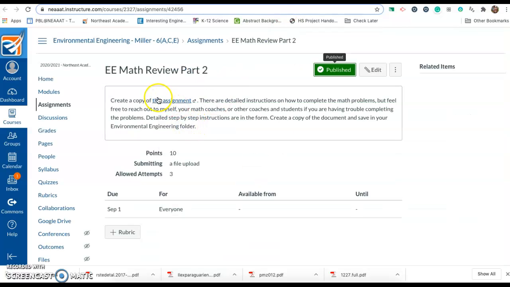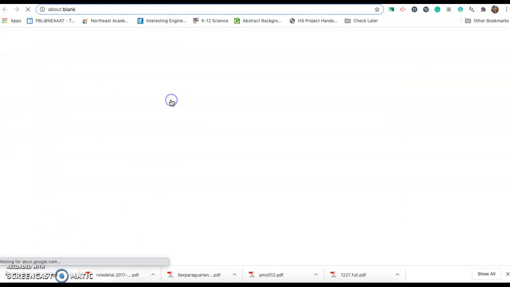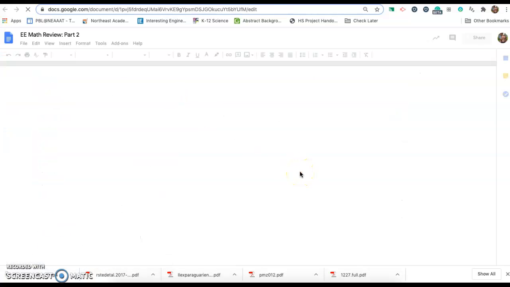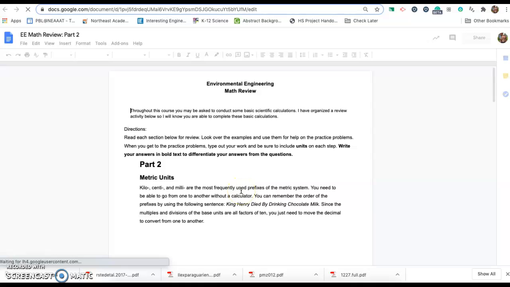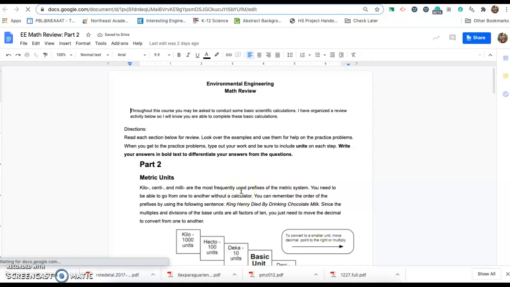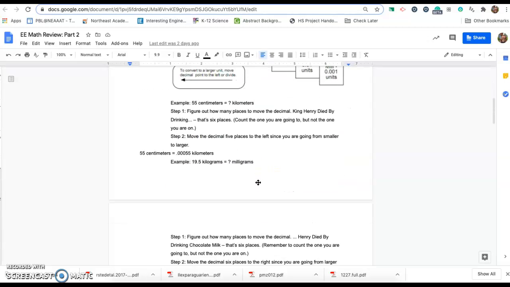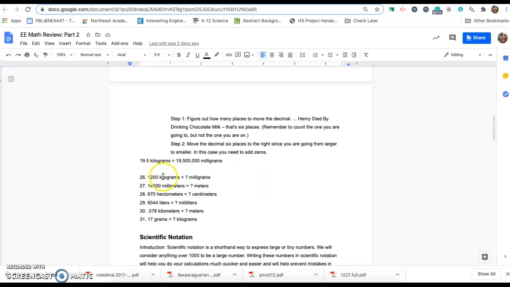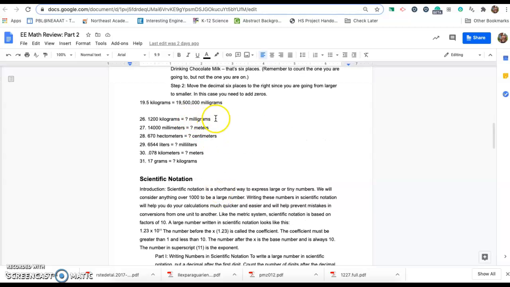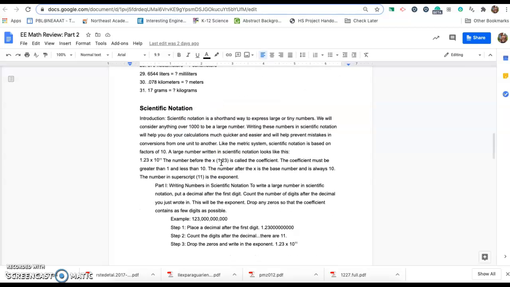So today's math review focuses on metric units. It gives you some basic breakdown of how to convert. Very easy conversions using metrics. You're just moving decimal places. Put your answers in bold. You can replace the answer with a question mark, but put it in bold.